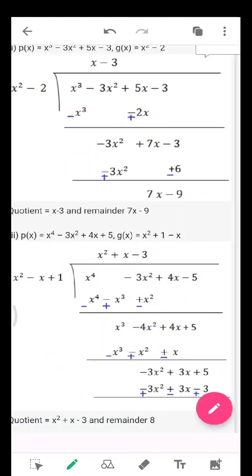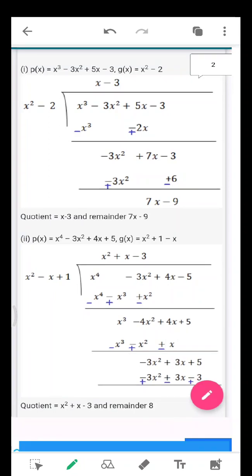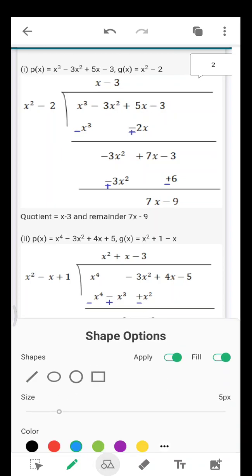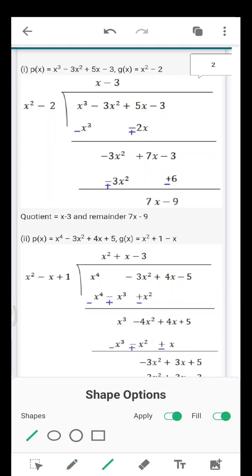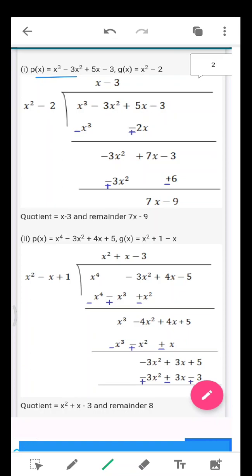So the first question is divide this polynomial p of x by another polynomial g of x. So here you can see the degree of g of x is less, that is 2, and degree of p of x is 3.